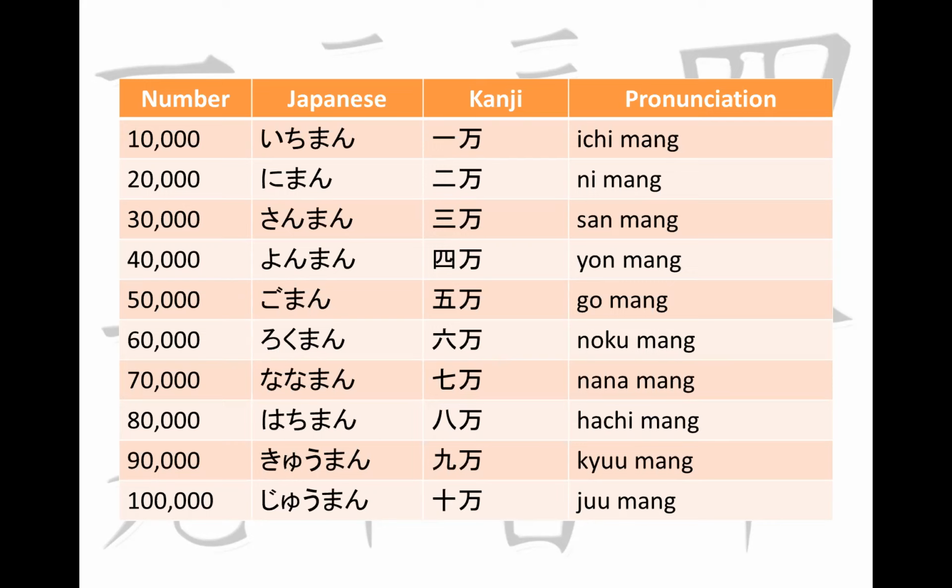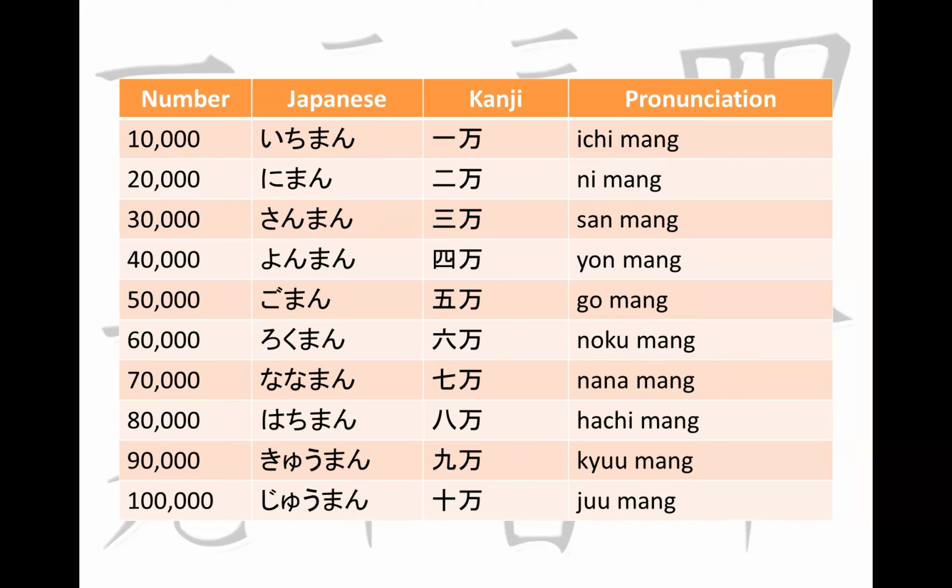Now, 40,000, yonman. Again, yonman, 40,000. For 50,000, goman. Goman, 50,000.